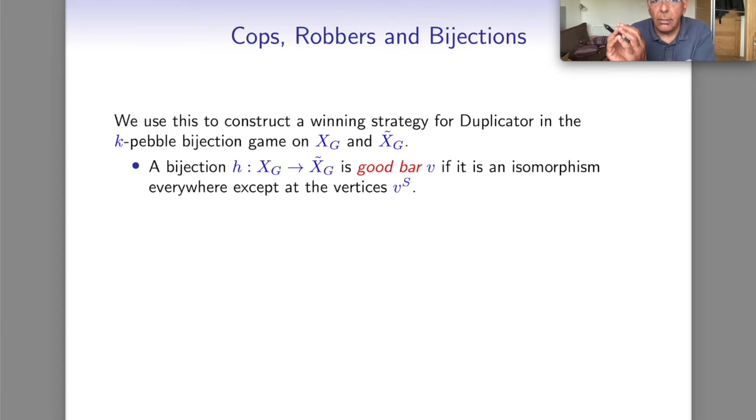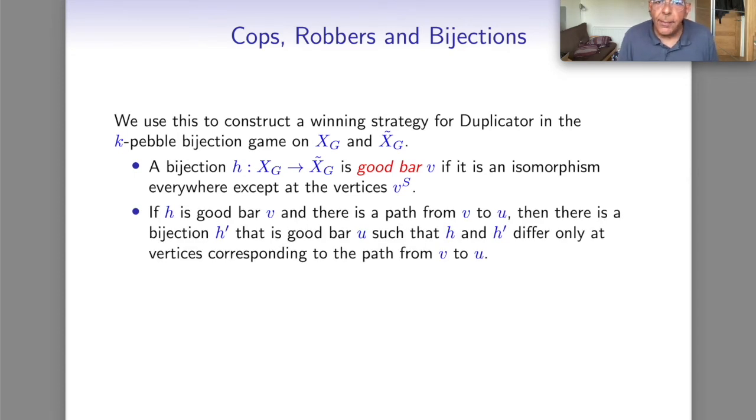In fact, the graphs are the same everywhere except at that one odd gadget. And duplicator strategy is to always play a bijection which is an isomorphism everywhere except at one gadget. Which gadget it is will change over the course of the game.